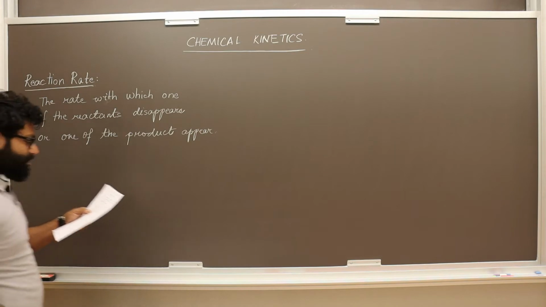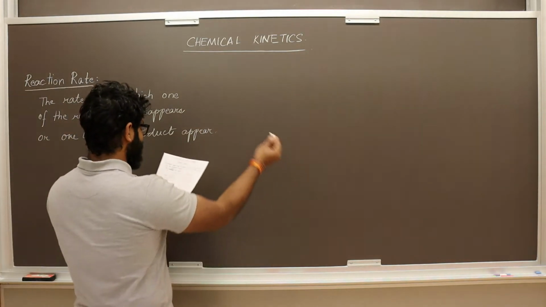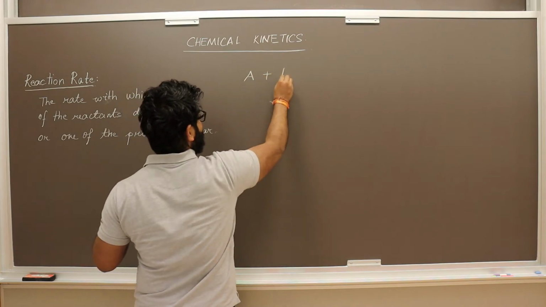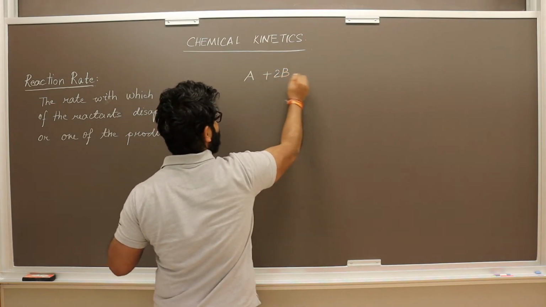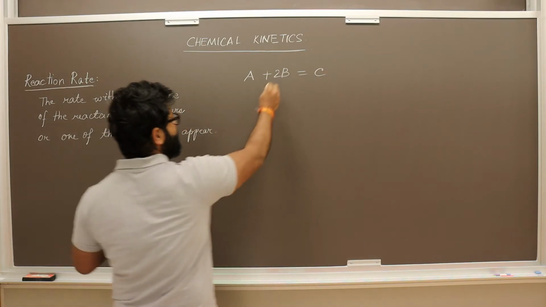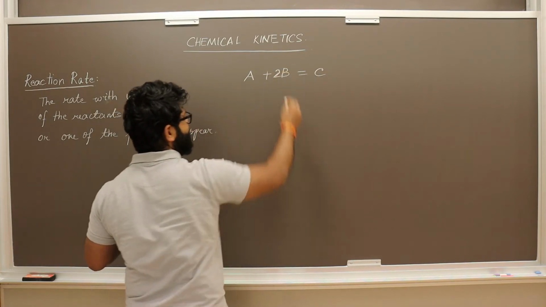Okay, so for example, there is a simple reaction, say something like this. So 2A plus 2B is giving you C.